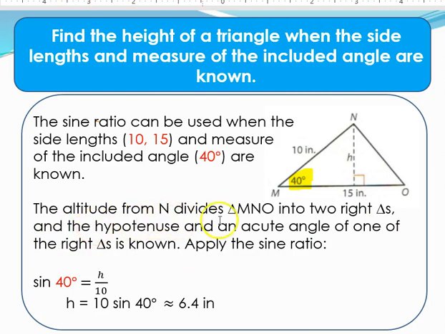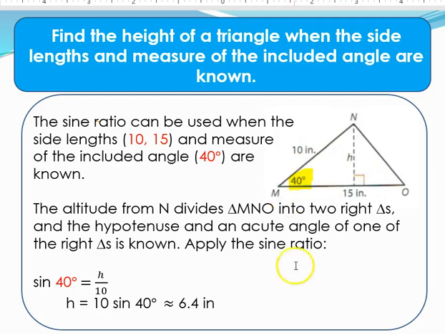The hypotenuse and an acute angle of one right triangle are known, so we can apply the sine ratio. We have the sine of angle M, which is 40 degrees, we know, and we have the opposite we need to solve for, and we have the hypotenuse.